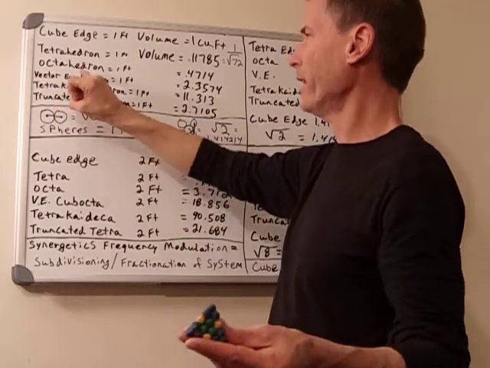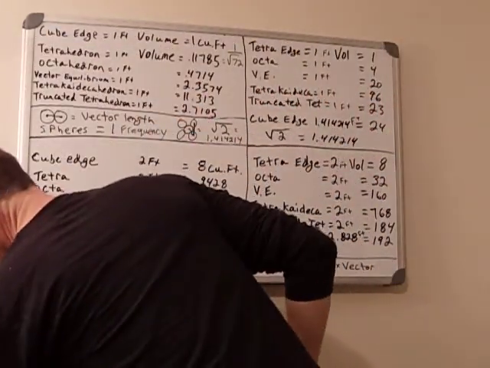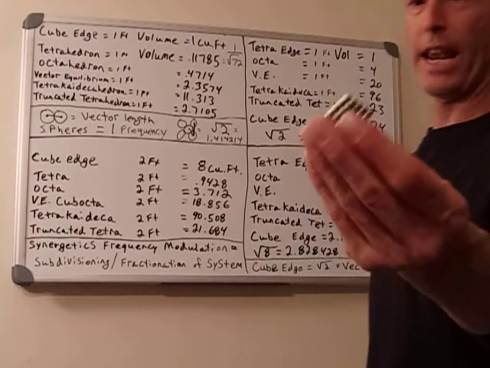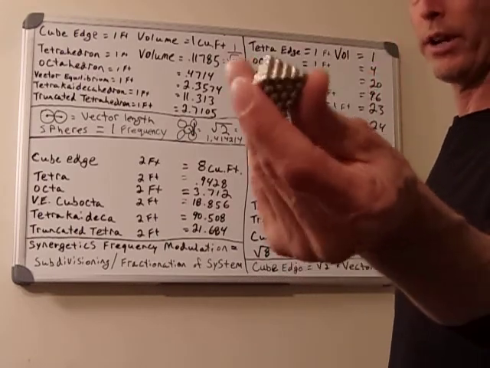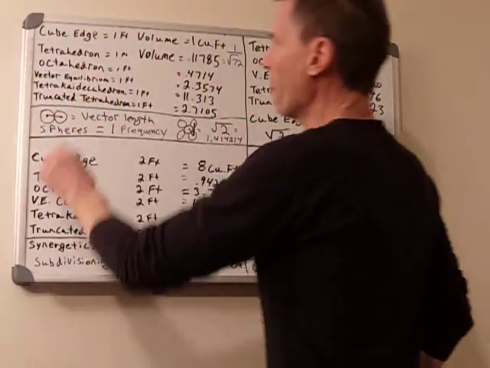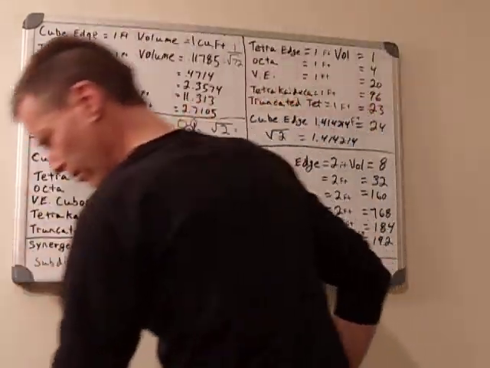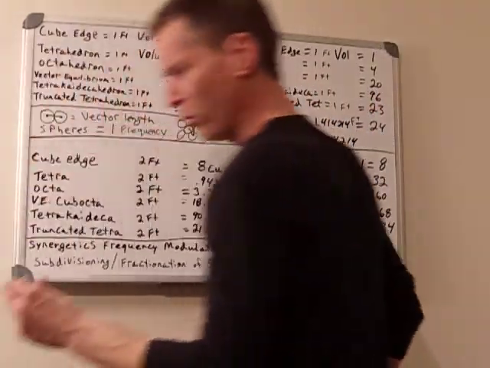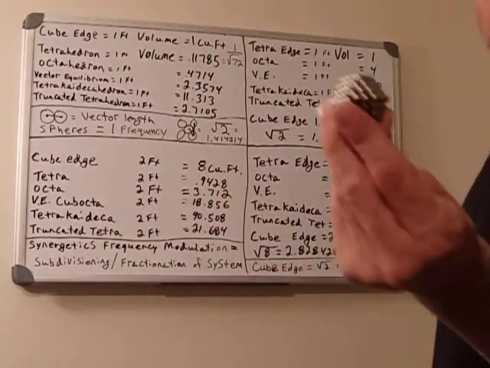Octa means 8, hedra means face, so an octahedron is an 8-faced polyhedron, with 8 triangular faces. The vector equilibrium, which is also called the cubo-octahedron, looks like this shape here.